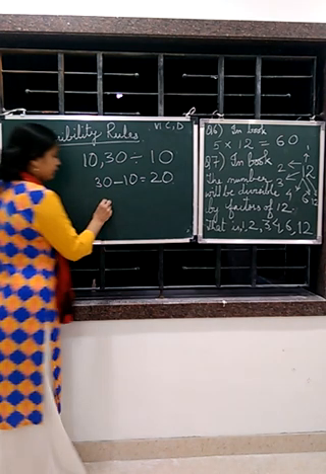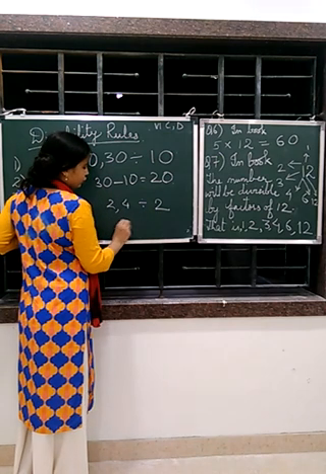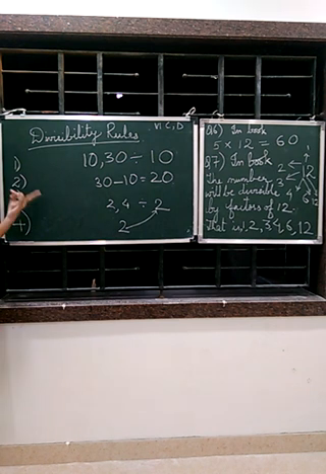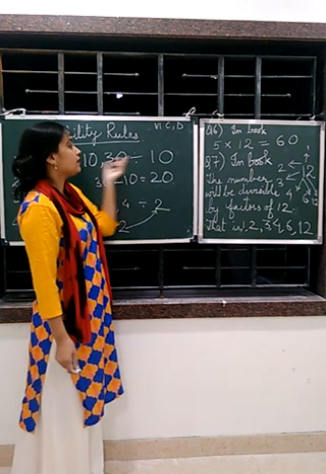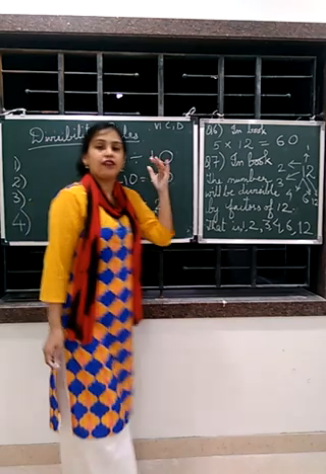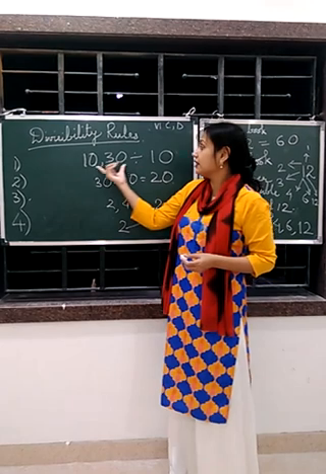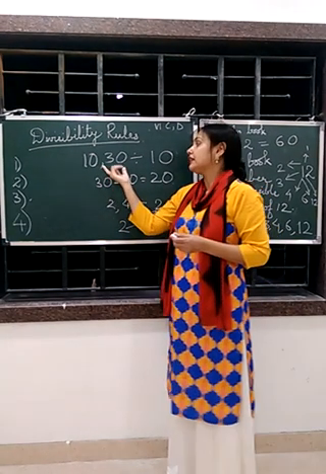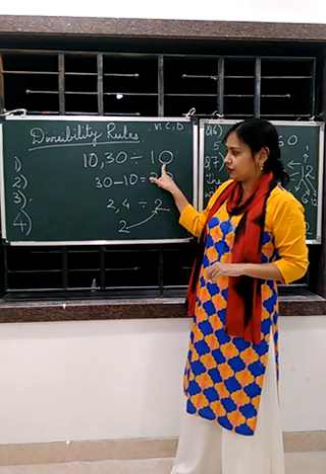Another example which we took, 2 and 4 both are divisible by 2, then their difference 4 minus 2 is 2, which is again divisible by 2. So if any two numbers are divisible by a given number, then their sum and their difference both are divisible by that particular number.